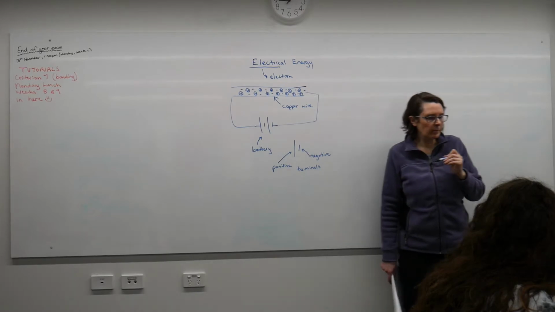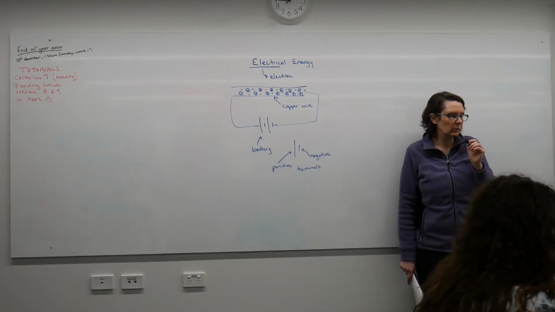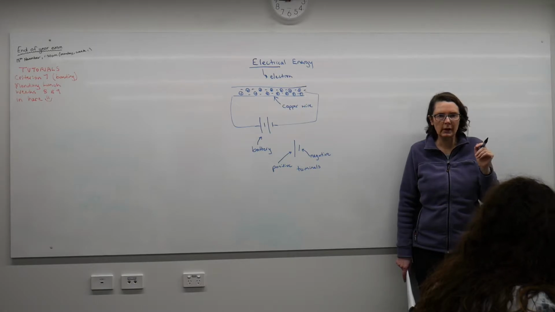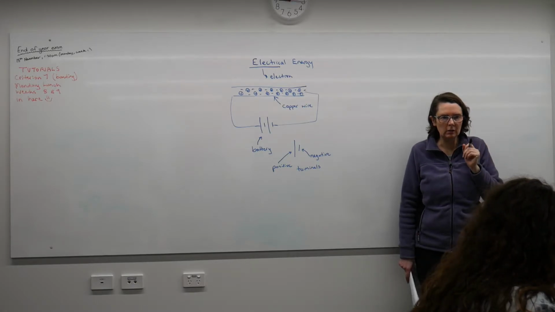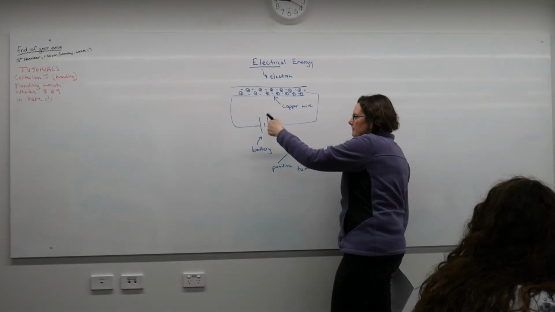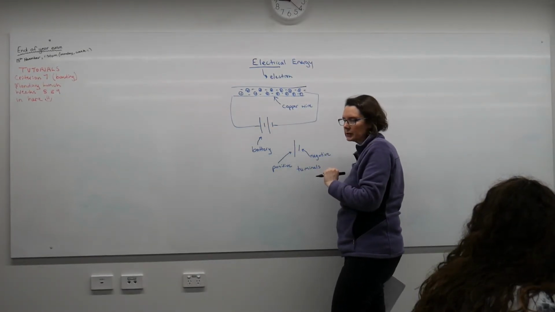If you've looked at a battery, or a cell, you would know that they're marked plus and minus, aren't they? So that you stick them in the correct way around. This is a battery because I've done that twice.